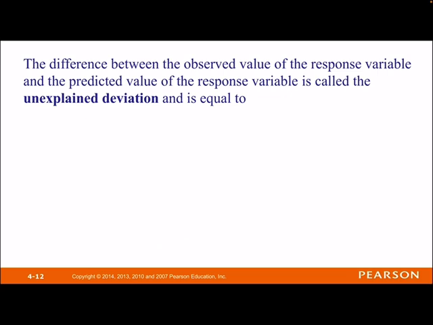The difference between the observed value of the response variable and the predicted value of the response variable is called the unexplained deviation, and the unexplained deviation is equal to y minus y hat. If we're looking for the distance between points, you're subtracting, and from that picture we know this is a vertical distance, so that's why we're subtracting our y's.